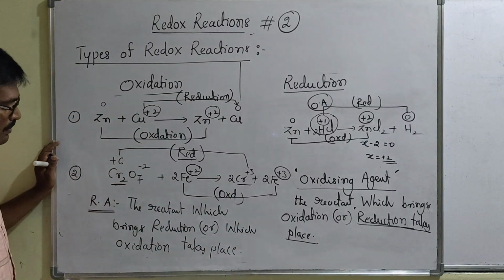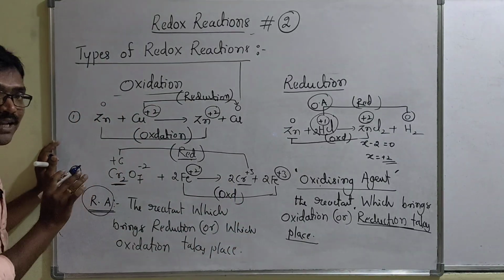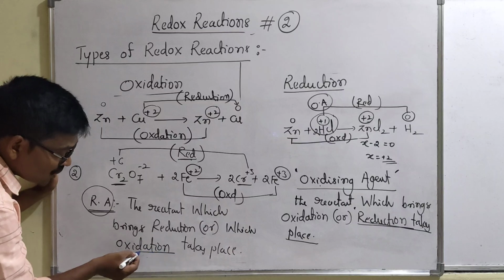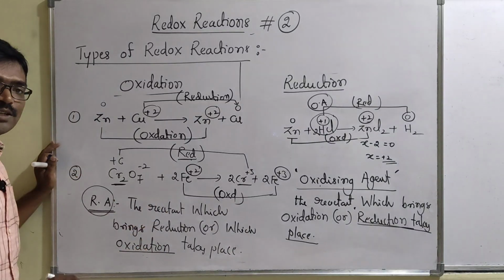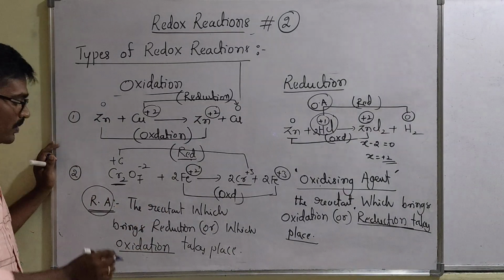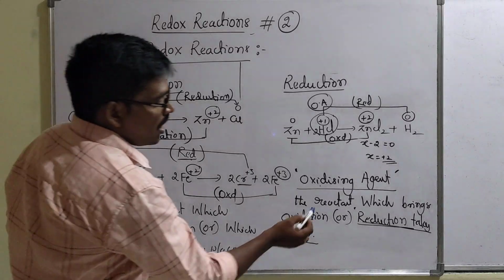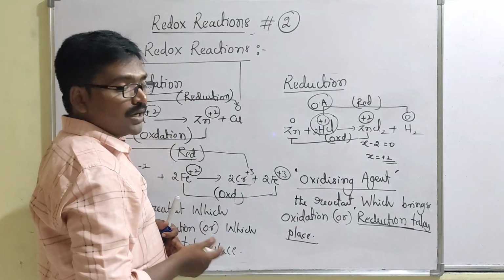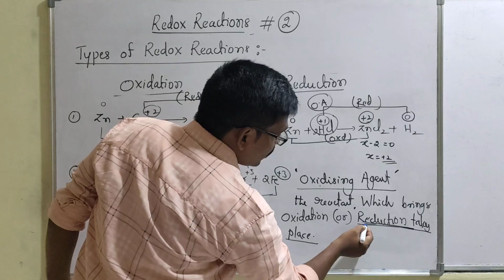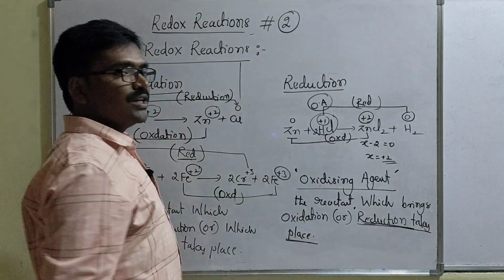Sir, better to remember, reducing agent is nothing but which oxidation takes place. ఏదైతే ఆక్సిడేషన్ జరిగిందో అది reducing agent. Sir, oxidizing agent is nothing but ఏదైతే రిడక్షన్ జరిగిందో అది oxidizing agent, opposite.